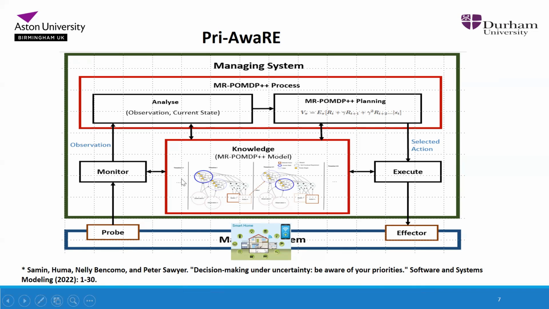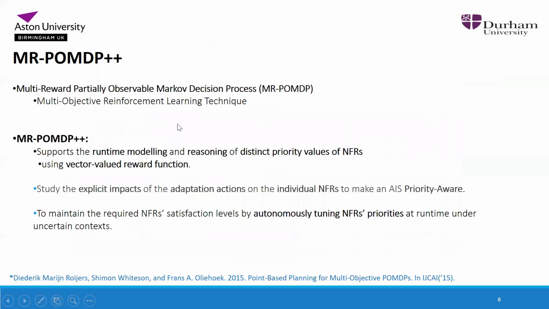So in order to offer priority-aware decisions, our multi-reward FormDB++ model is based on the multi-reward partially observable Markov decision process, which is a multi-objective reinforcement learning technique. It supports the runtime modeling and reasoning of the distinct priorities of non-functional requirements with the help of a vector valued reward function.